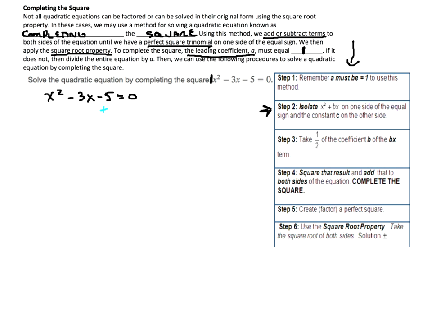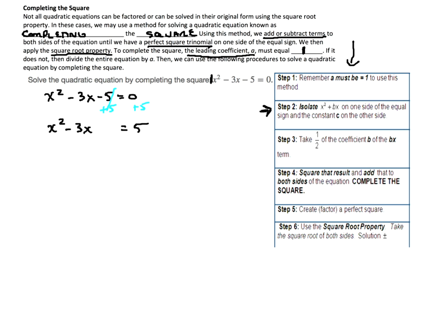So I'm going to add 5 to both sides here. It's a little different in the other methods. You don't have to have it equal to 0. As a matter of fact, you don't want it equal to 0 yet. X squared minus 3x equals 5. And yes, I left a space there on purpose.